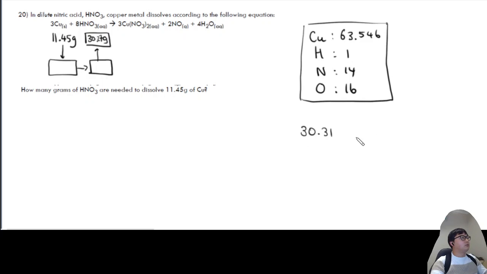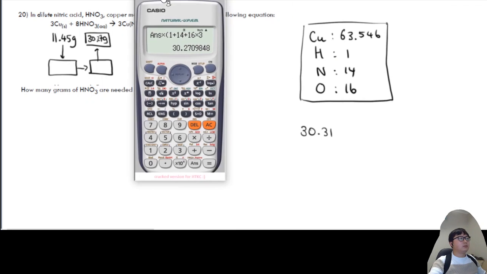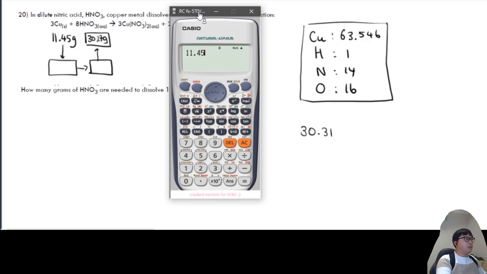All right, so let's divide this one by 63.546. So 11.45 divided by 63.546, right? Then that's the number of moles. So you have that many moles of that, right? And then times by 8 on 3. So times by 8 on 3.